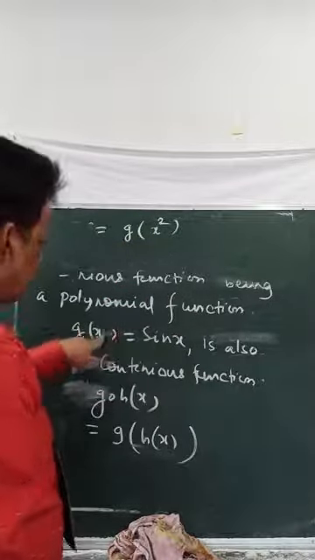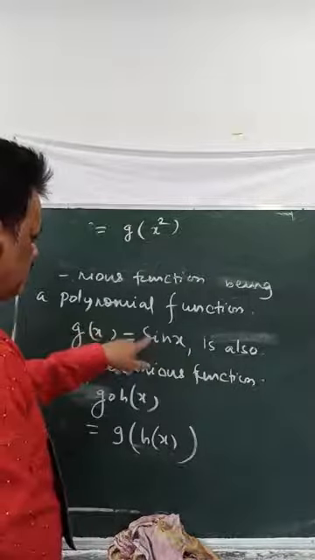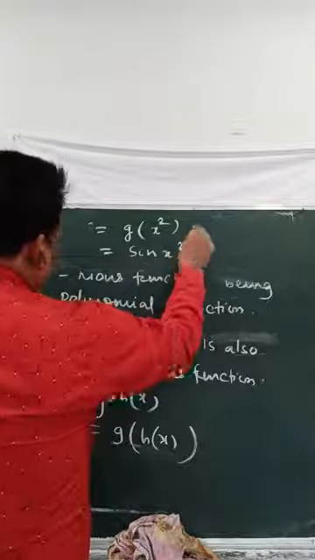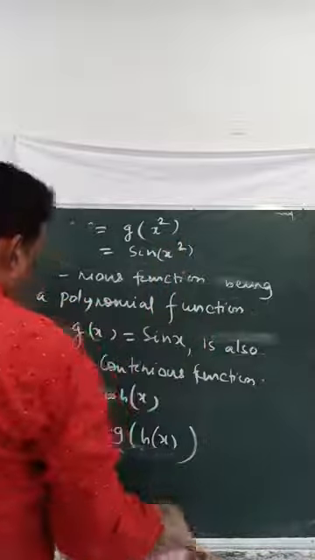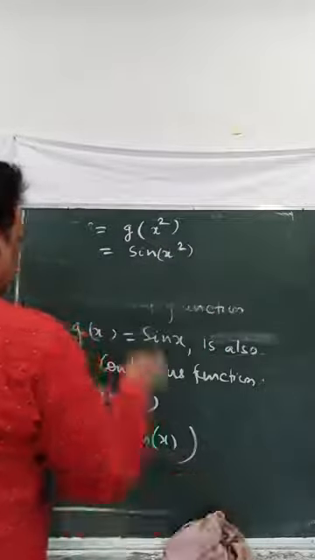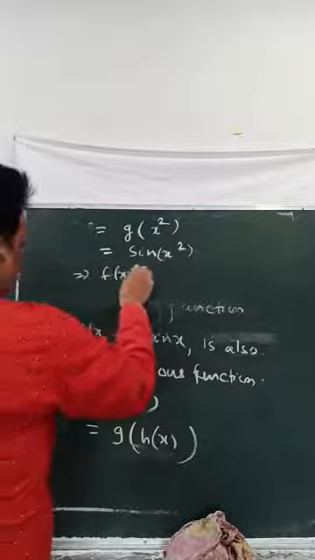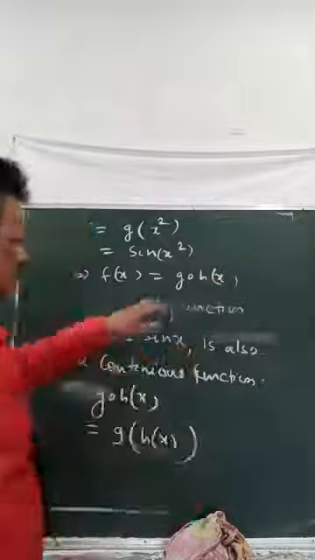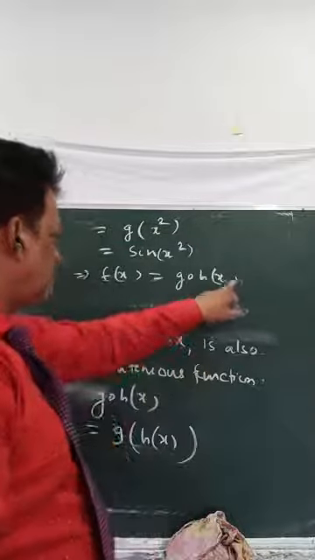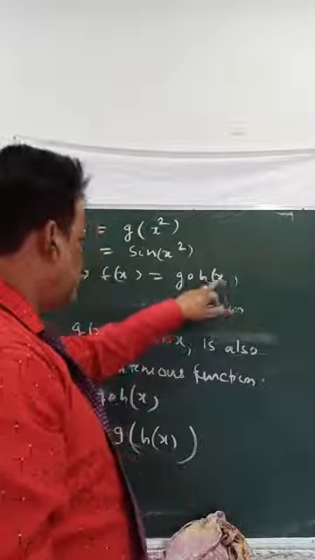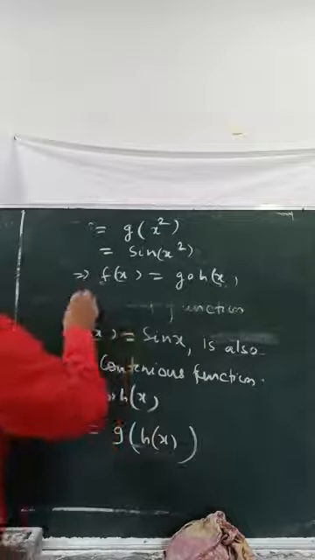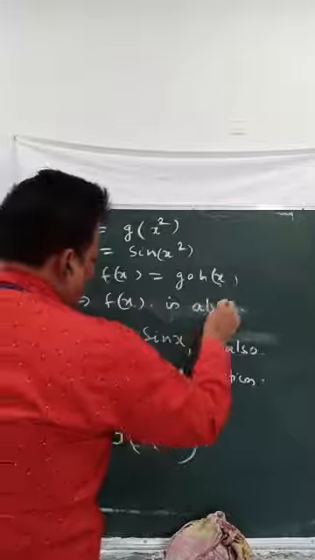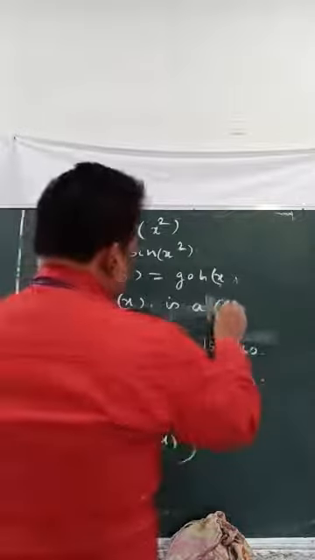If g(x) is sin x, g of x square will be sin x square. That is sin x square. This implies f(x) equals g of h(x). Since we have discussed h(x) is continuous, g(x) is continuous, so f(x) is also continuous. It is a continuous function.